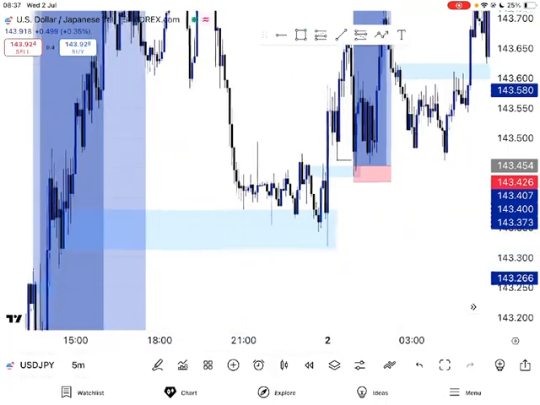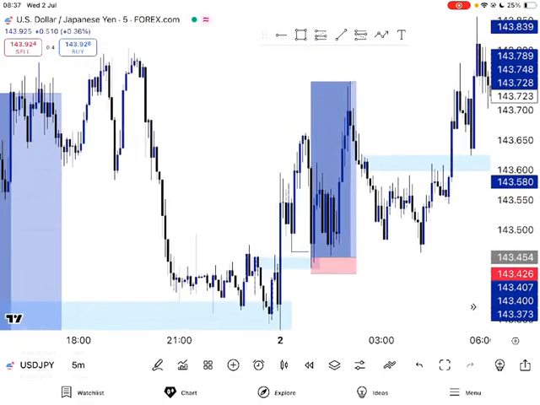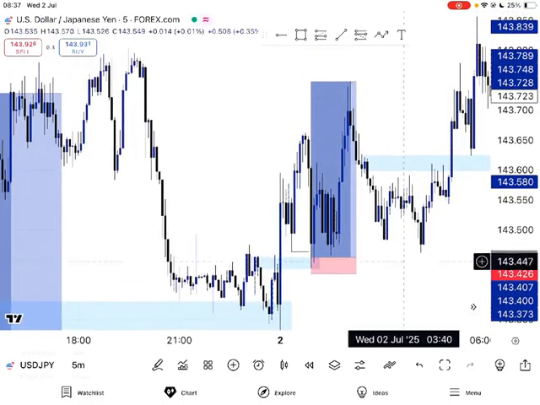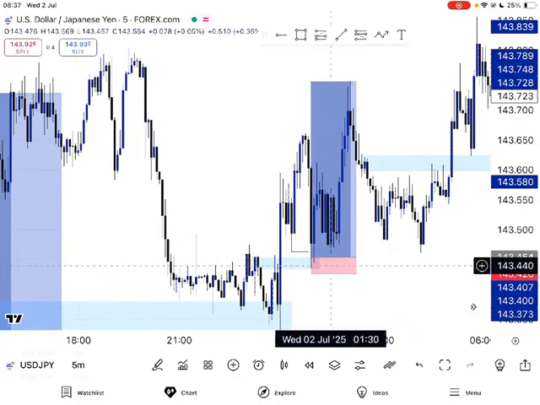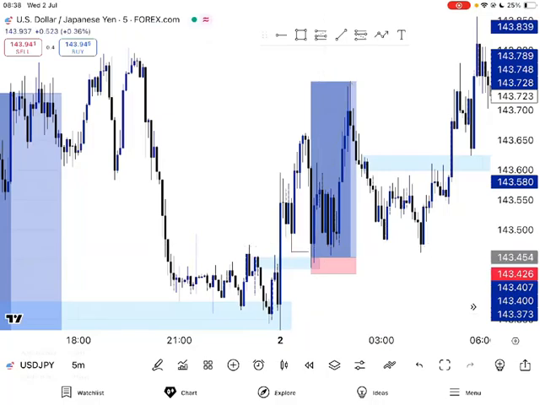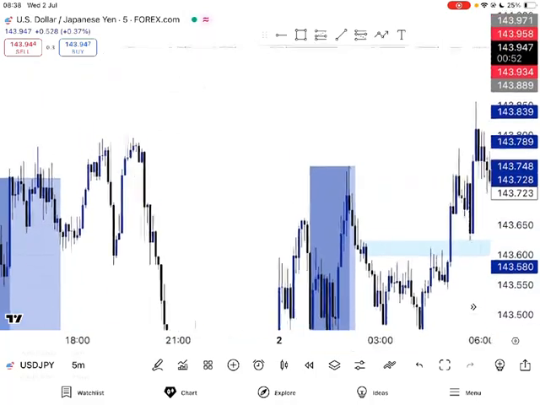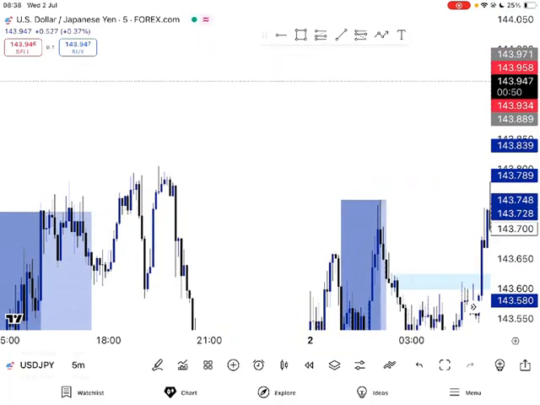So price reacted from this particular POI again. I already knew that price has started buying again, so I found the nearest place for me to get another entry. Now look at it. I got my breaker here, I got my inducement here, I took the buy to the upside, targeting a risk reward of 10 RR.